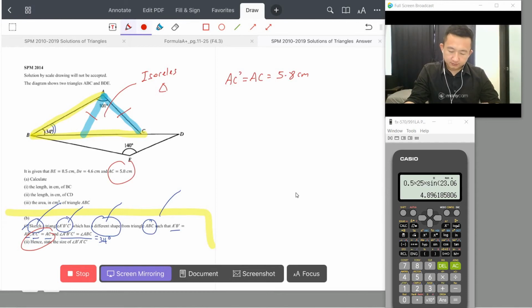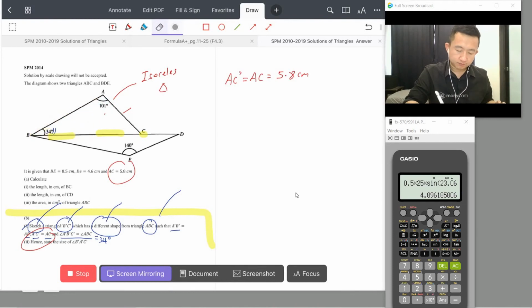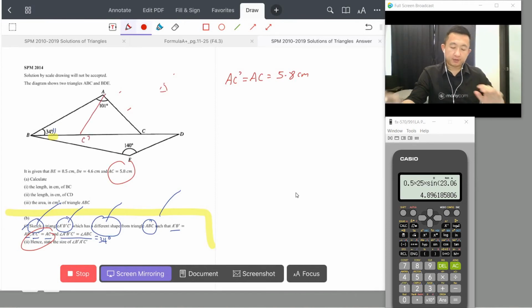Okay, so what do we need to know? Let's say this is the case, this is C prime, and do you know the angle here?